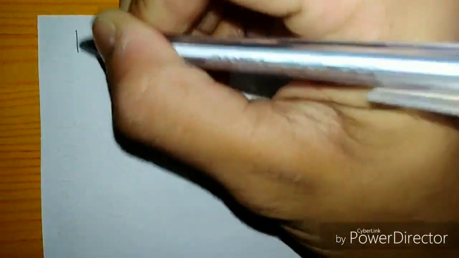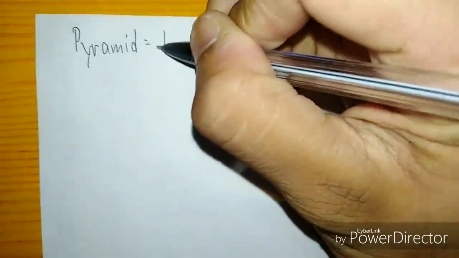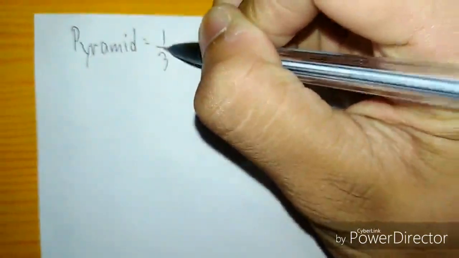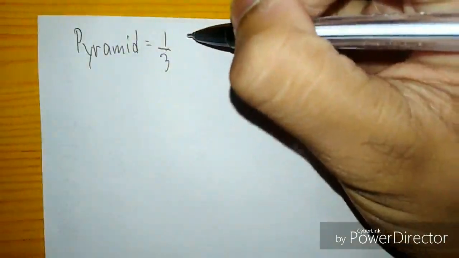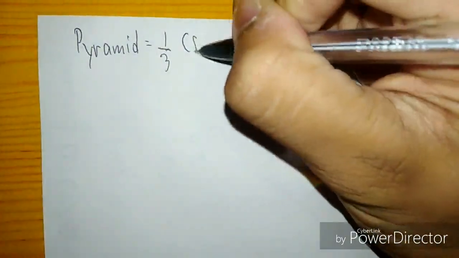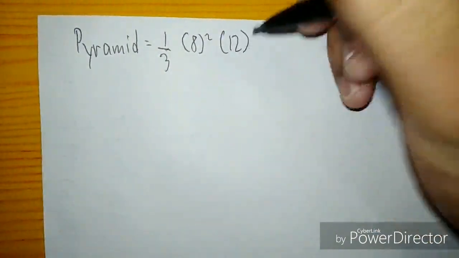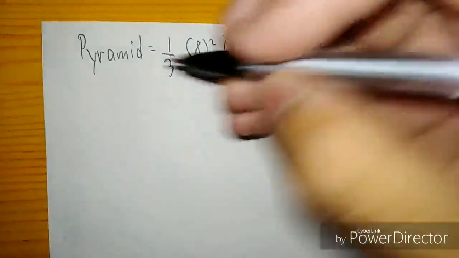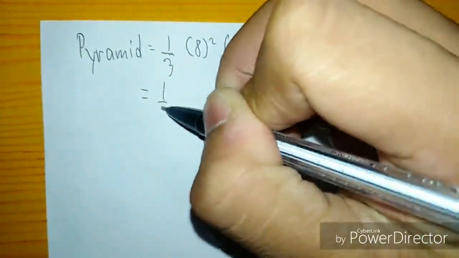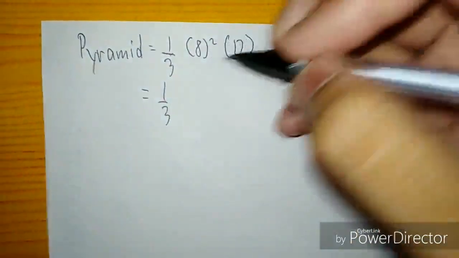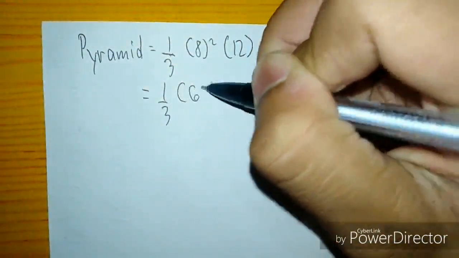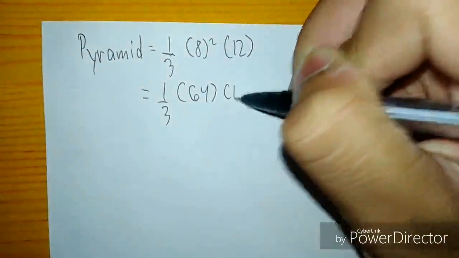So pyramid is equal to, let's substitute first the unknown numbers. 1/3 times b squared, our b is 8 squared and our height is 12 centimeters. Using PEMDAS, let's get its whole number from b squared, which will be 64 multiplied to 12.